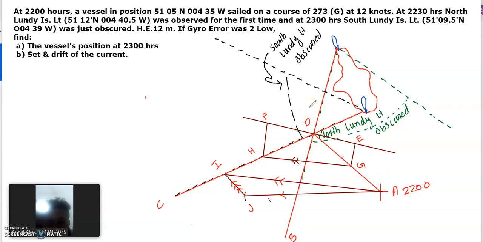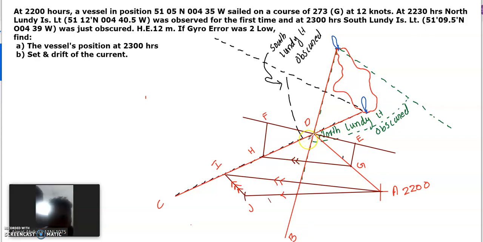We cannot see the light, so this is the shadow sector for that light. So we have reached somewhere in this area, and I can draw a straight line from here. Basically I got two position lines from different times, and these two position lines intersect at a common point, D.